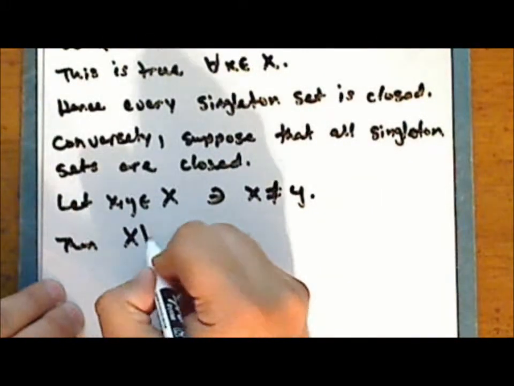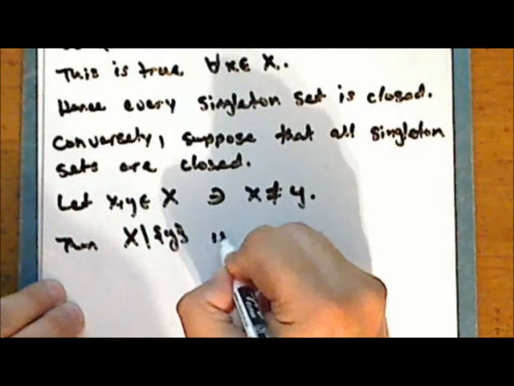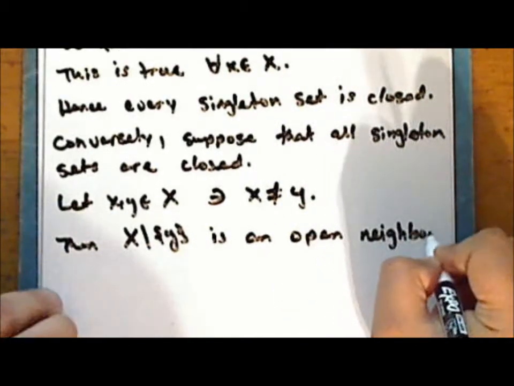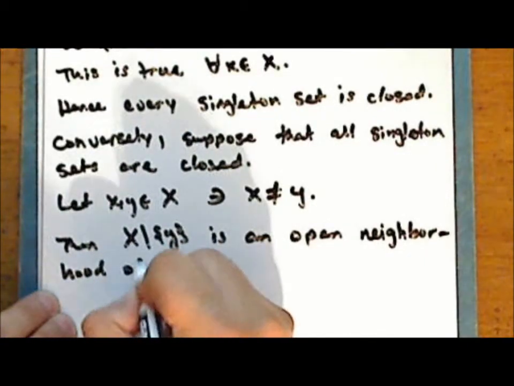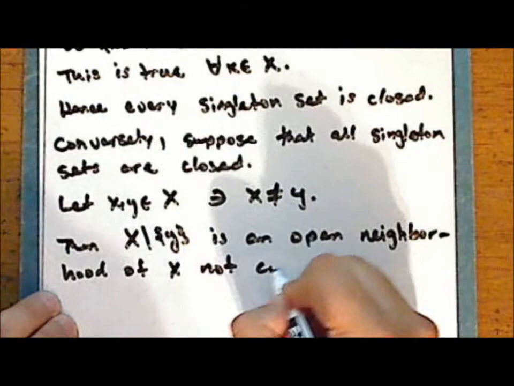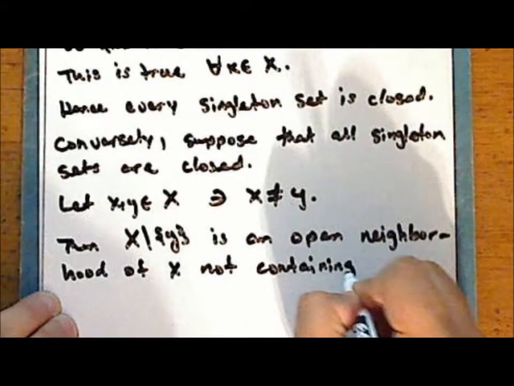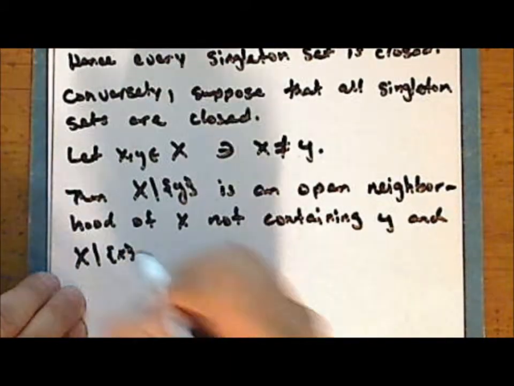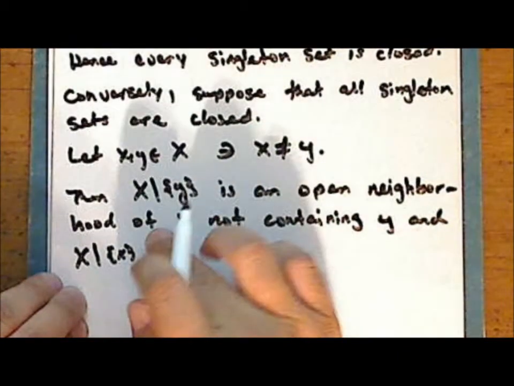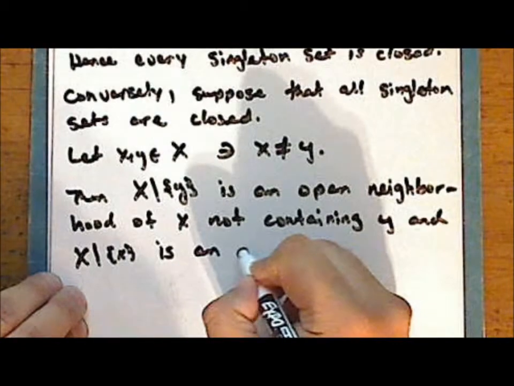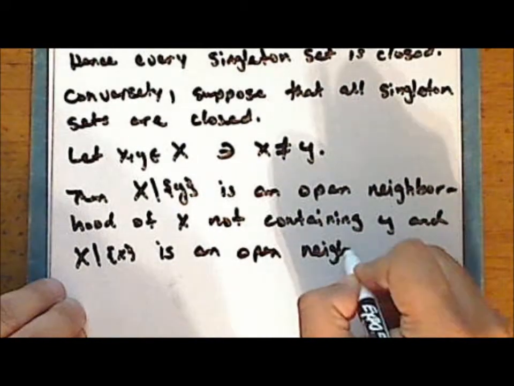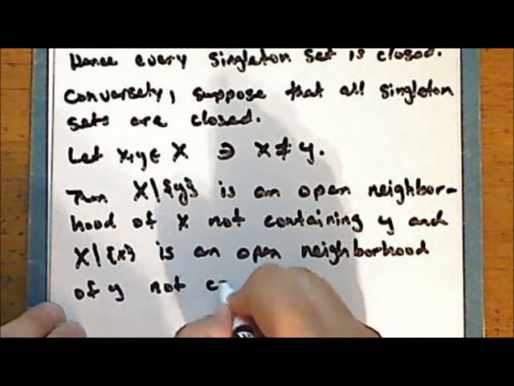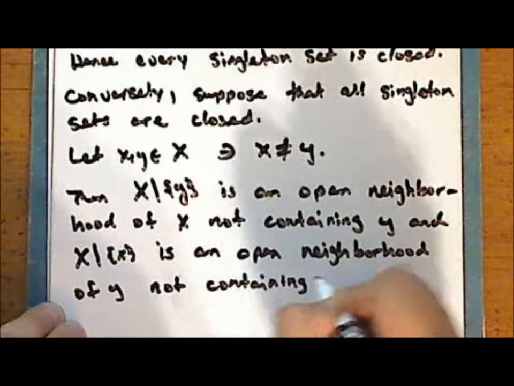Then X set minus the singleton containing the point y is an open neighborhood of the point x not containing the point y, and the complement of the singleton containing the point x is an open neighborhood of the point y not containing the point x.